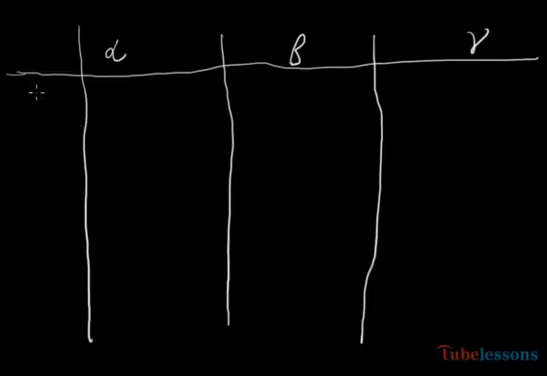Now the topics regarding alpha particle, beta particle and gamma rays. Alpha particle equals 2 protons plus 2 neutrons. Beta particle equals 1 electron. This is gamma, an electromagnetic wave, EM wave.